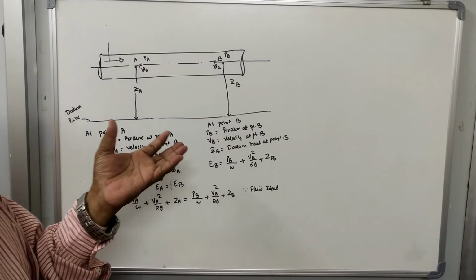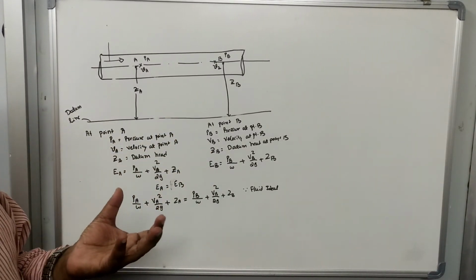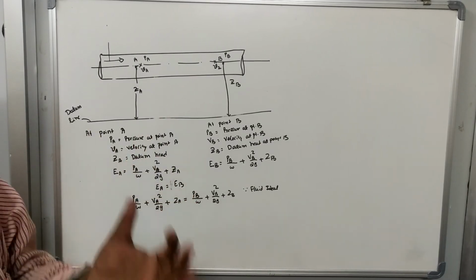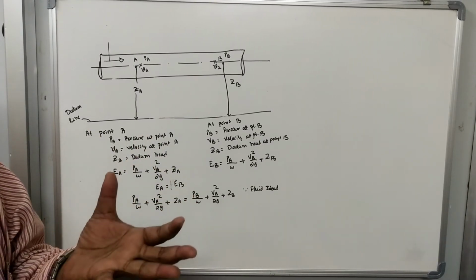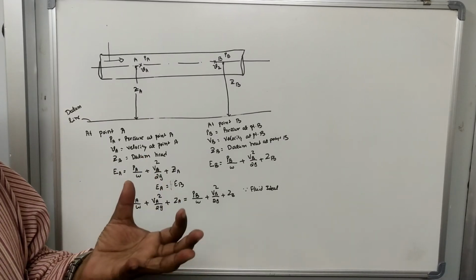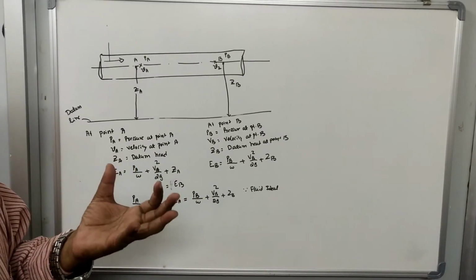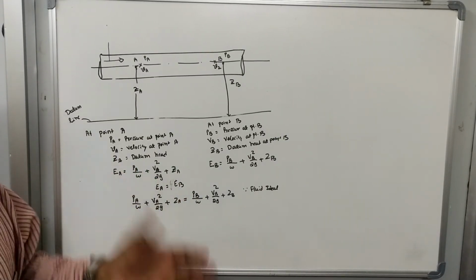Viscosity varies from point to point when the fluid is considered real or practical, whereas in the case of the ideal fluid, the viscosity doesn't exist or it remains constant.